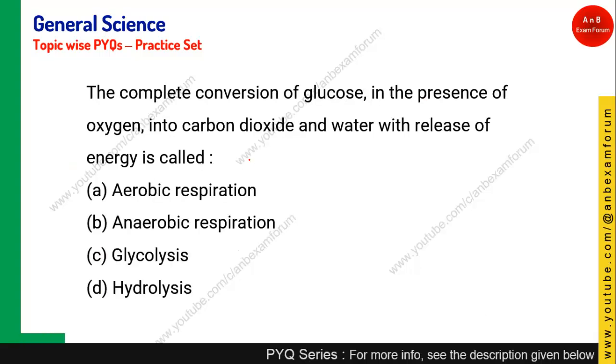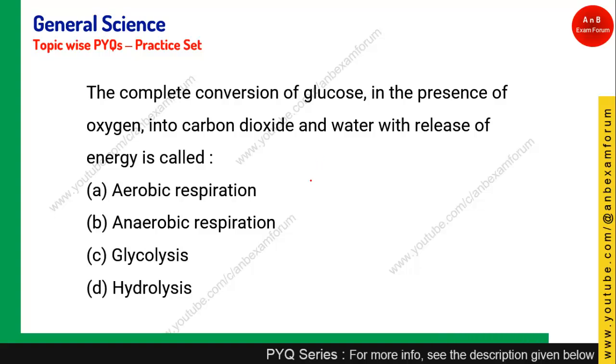The complete conversion of glucose in presence of oxygen into carbon dioxide and water with the release of energy is called what? So basically he is asking about two types of respiration that we have studied, aerobic and anaerobic. And it is the aerobic respiration which occurs in the presence of oxygen, where glucose is converted into carbon dioxide, water with release of energy in the form of ATP.